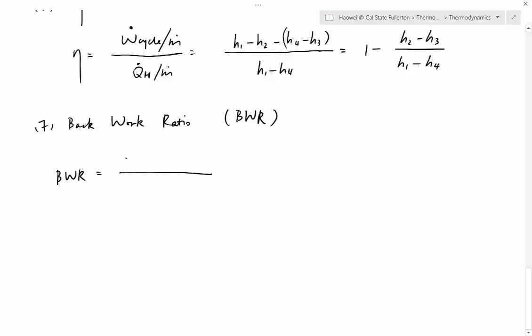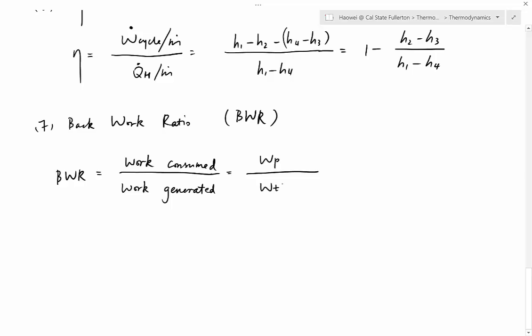It's defined as work consumed divided by work generated. What is the work that is consumed? It's WP, work consumed by the pump. And what is the work that is generated? WT, work generated by the turbine.